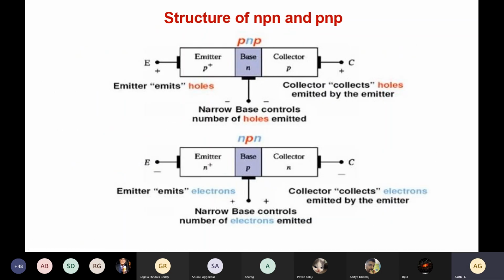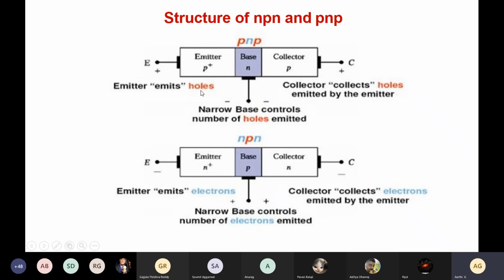The detailed structure is shown here for emitter, base, and collector, for the PNP and NPN types, two different configurations. For PNP, the majority carriers under the emitter terminal will be holes.